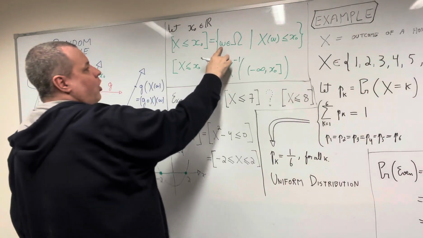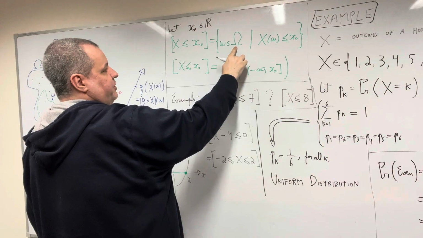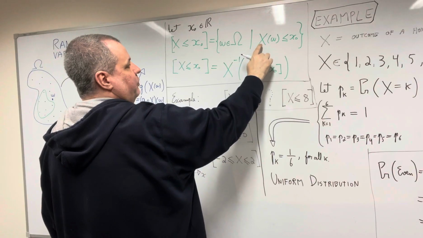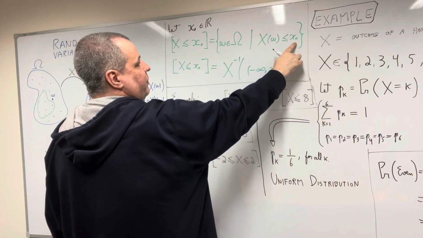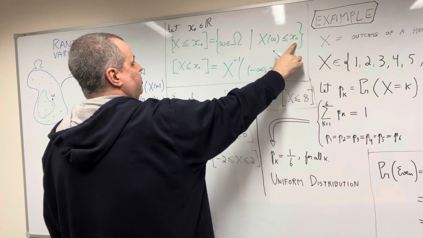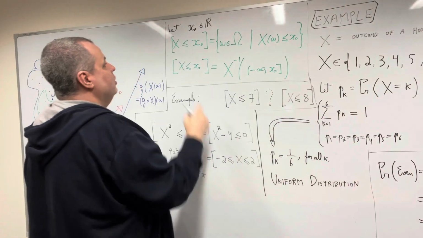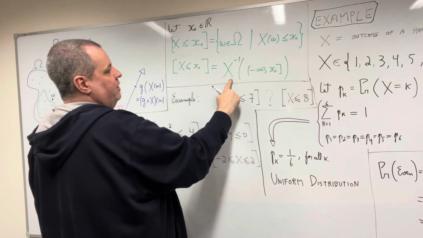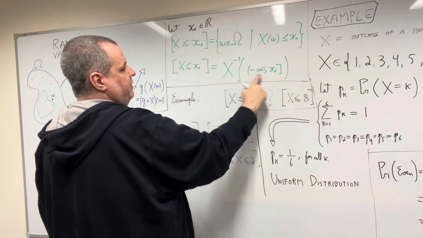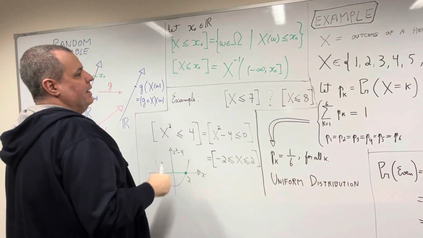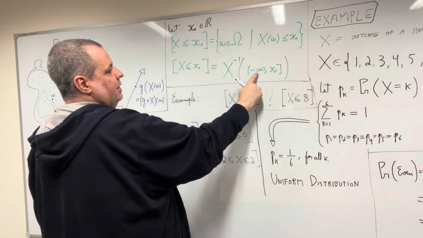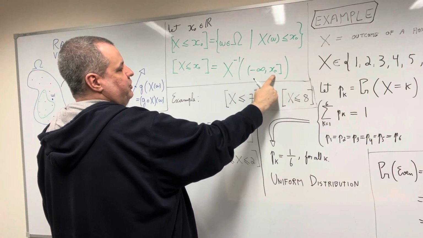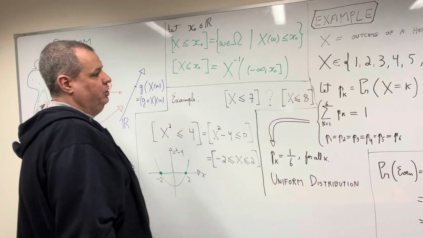It's made of all elements of my sample space such that when you apply the random variable X to this omega, you find a real number smaller or equal to this x0. Okay? So this is short notation for this. Another way to do that is the inverse image of that set here. All the omegas that when you apply X, they are going to end up in this interval. They are going to be from minus infinity to x0, including the x0 potentially.